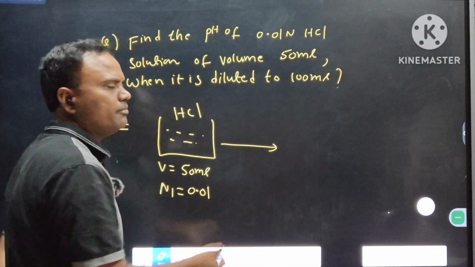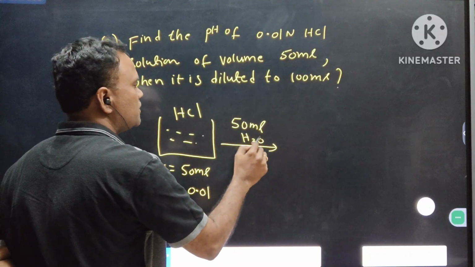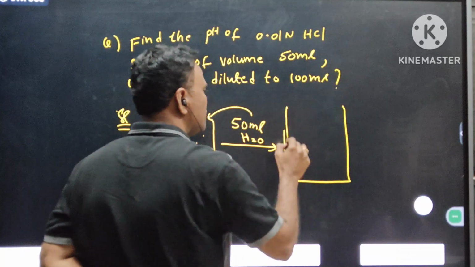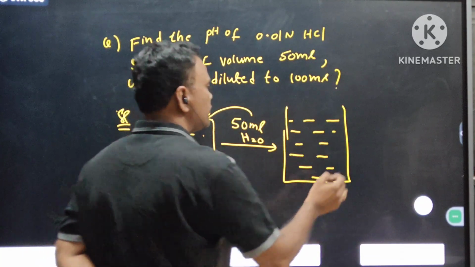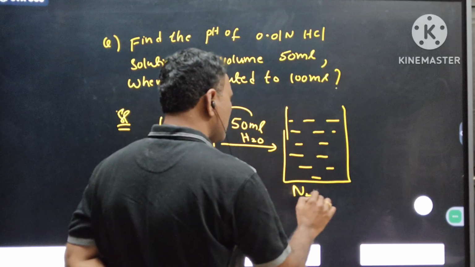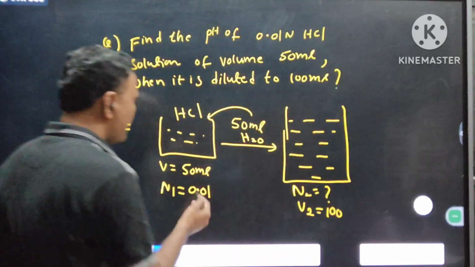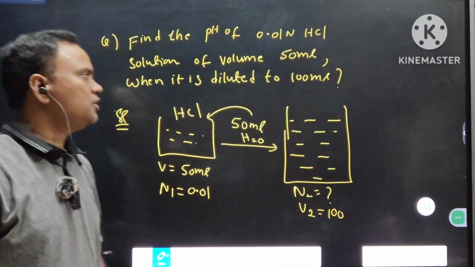Diluted to 100 ml means I am adding 50 ml water. Then what about the final normality? You have to calculate it. N2 is the question mark, and V2. What is V2? 100, because already 50 ml is there, you are adding 50 ml. 50 plus 50, 100.